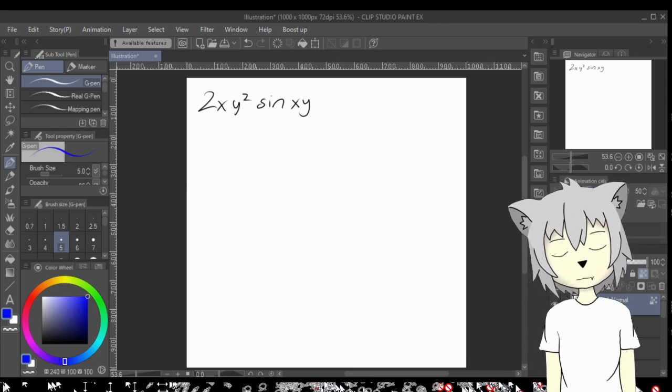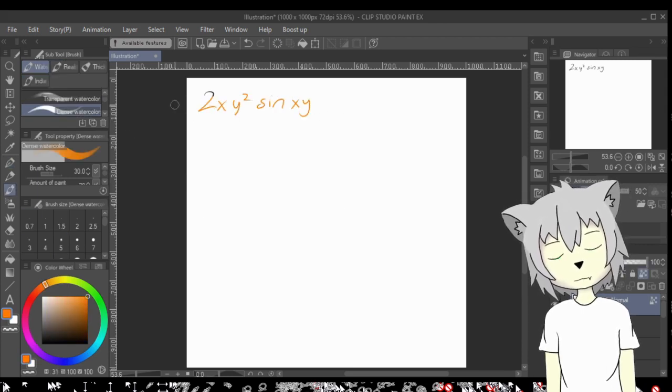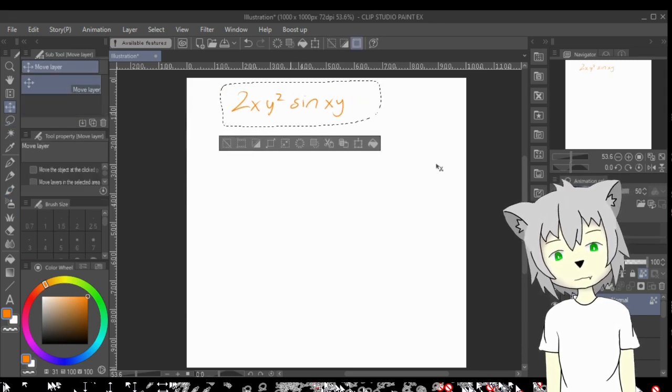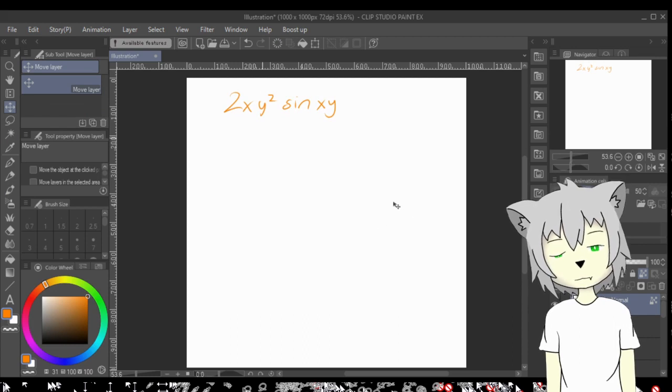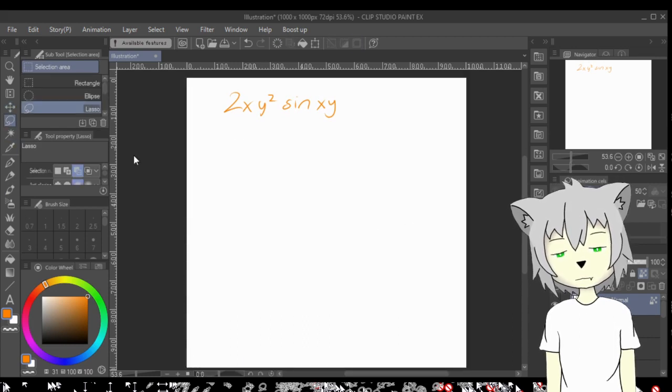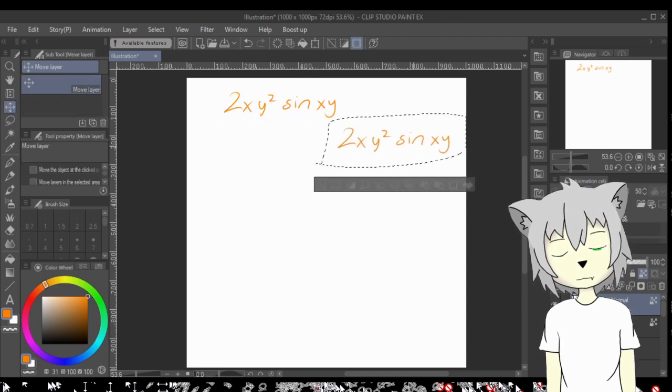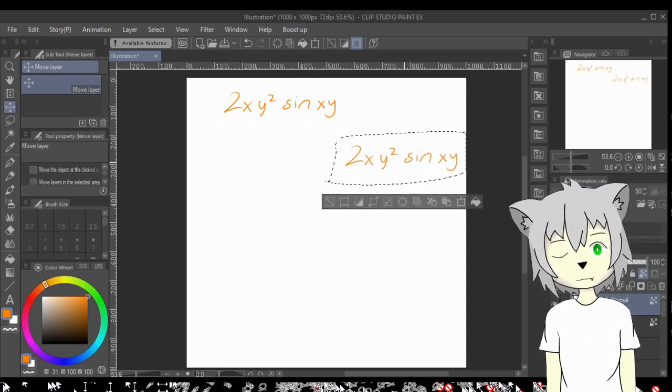Let's say that cursed equation there, and you want to find the derivative with respect to, I don't know, let's just do both.